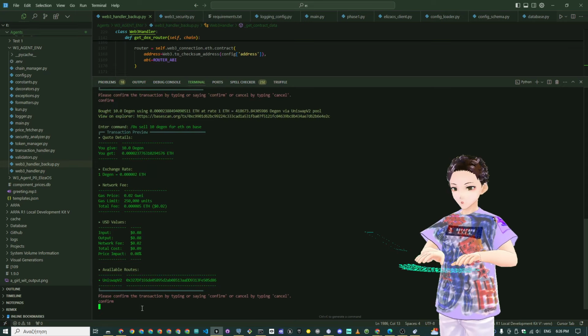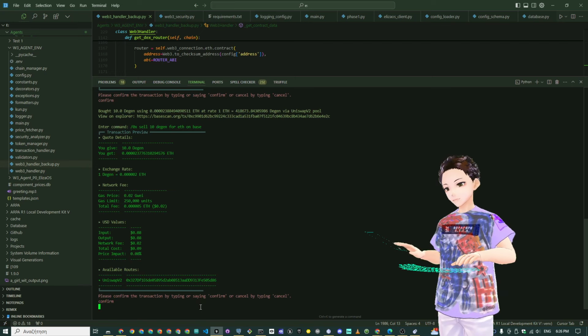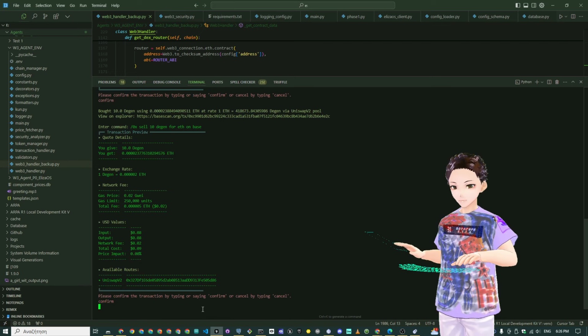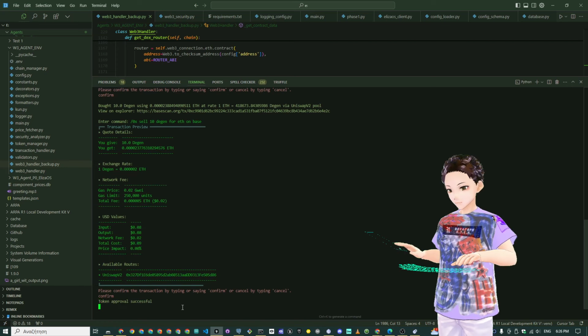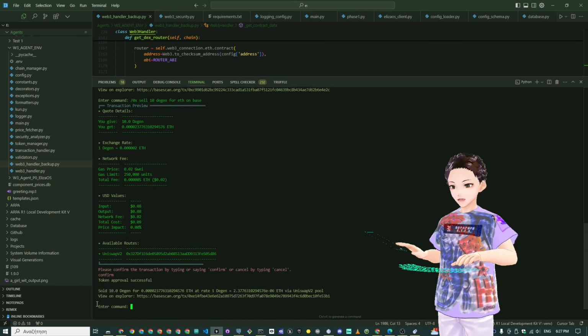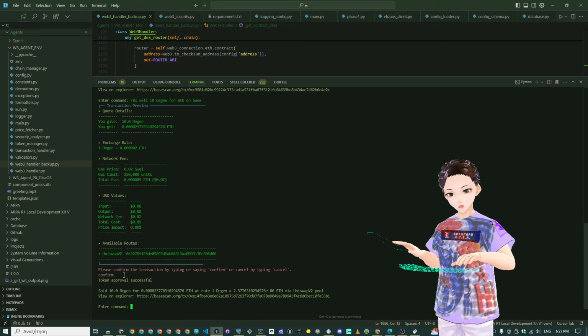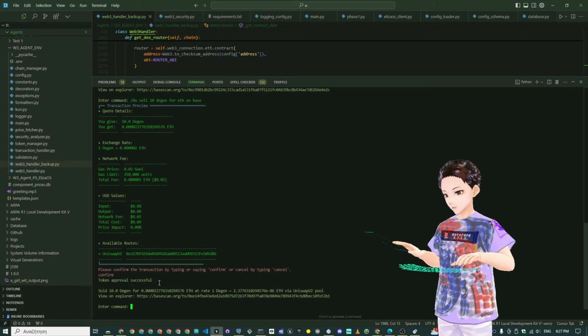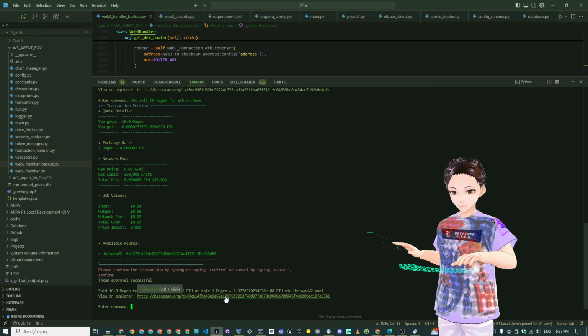We confirm, and once we confirm, we should get a Basecamp receipt. Oh, in this case, you see, it also approved the token. In case we didn't have it approved, or we spent the limit of tokens that were approved, it will auto approve the token and then perform the transaction.